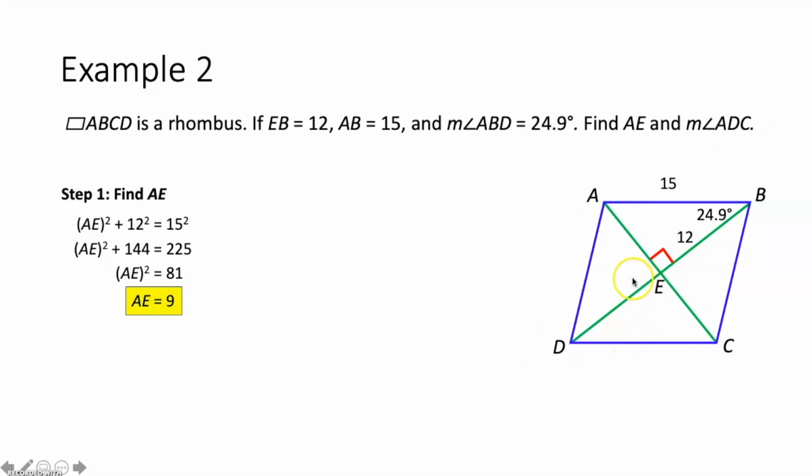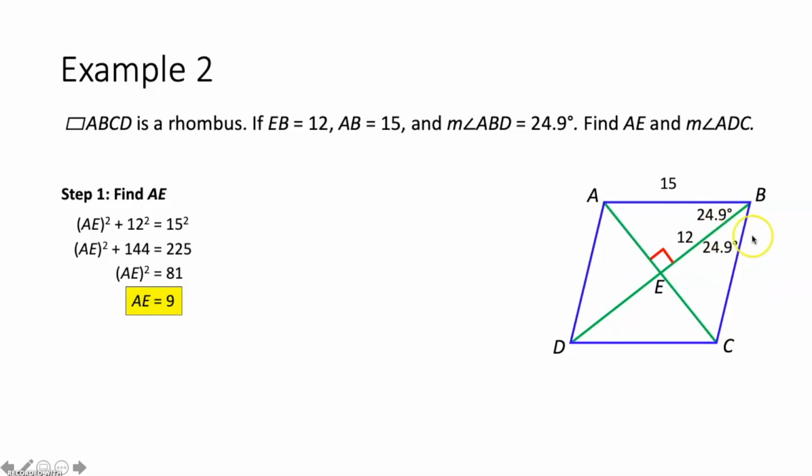Well, I know that this is a parallelogram first and foremost. So opposite angles must be congruent to each other. So angle ADC down here has to be congruent to angle ABC up here. Well, I also know that this is a rhombus, right? And because it's a rhombus, the diagonals bisect both pairs of opposite angles, meaning that this diagonal bisects angle ABC up here. So 24.9 degrees is just half of this whole angle, which means we know this angle right here also has to be 24.9 degrees.